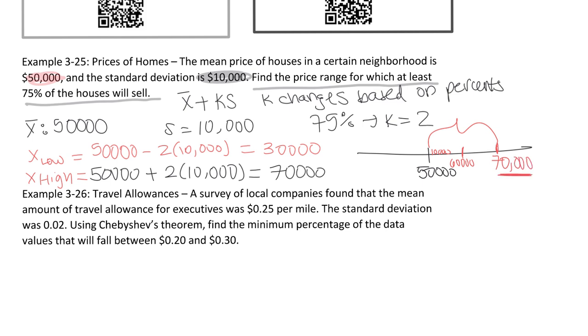So I go 10,000 to the right twice, that's going to give me 70,000. If I do the same thing to the left, I go 10,000, that would be 1 standard deviation, which would be 40,000. And then if I go 1 more, that would be another 10,000, which would be 30,000. So that range would be 30,000 to 70,000.